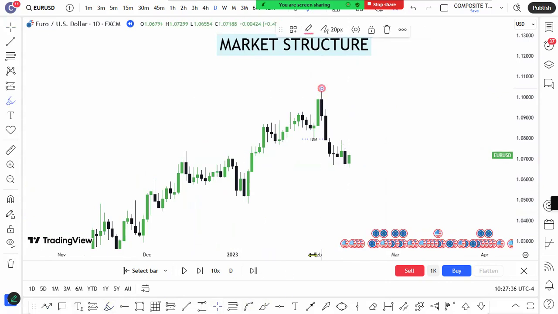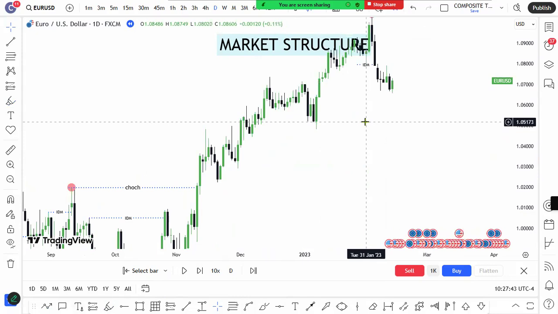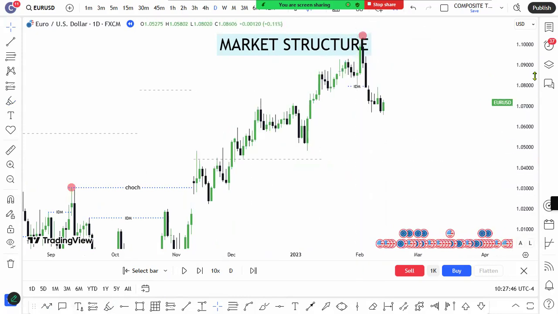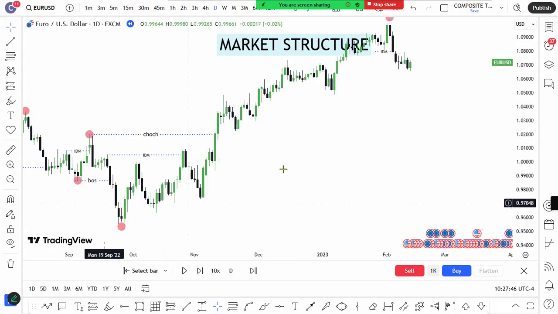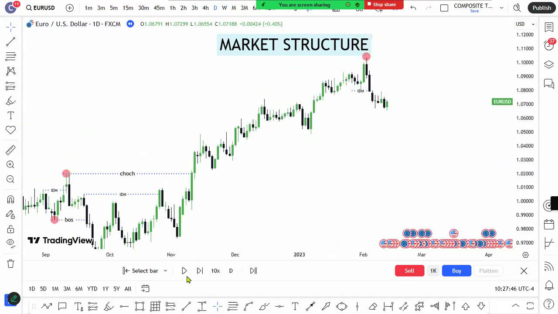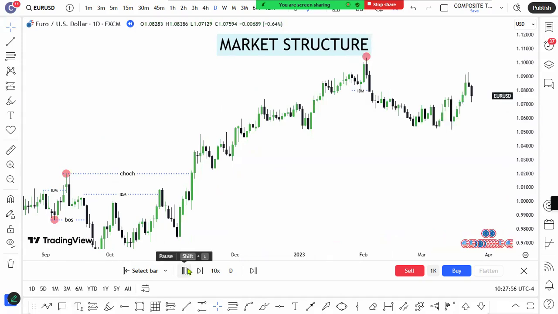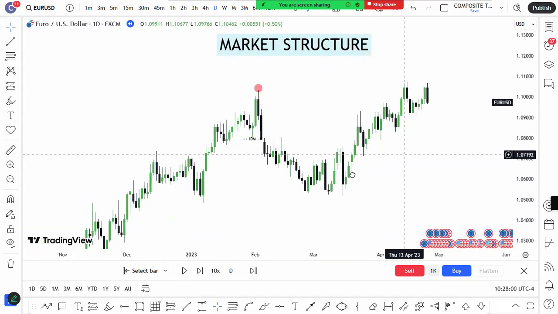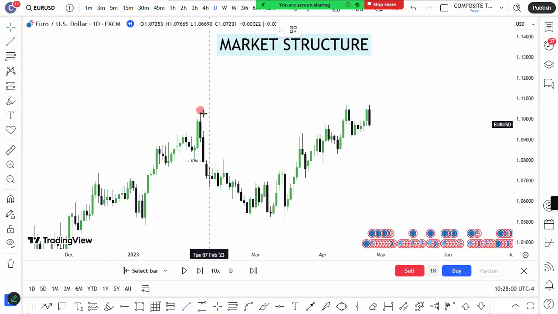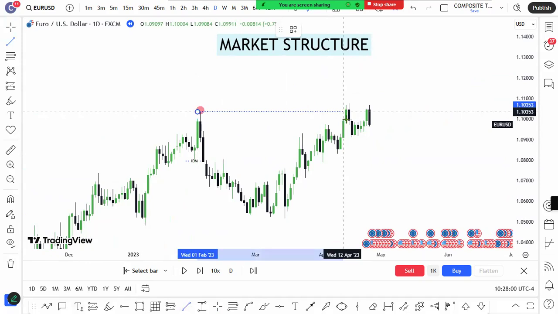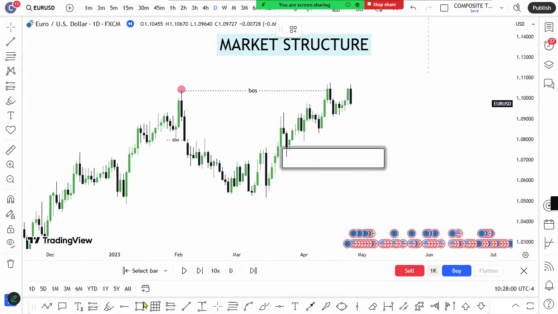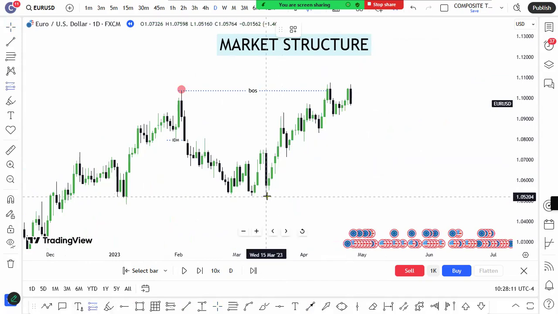Now if that inducement has been taken out, our high is confirmed, but this low remains the permanent low. So let's see. Okay, price goes higher and breaks this structure, which is a BOS, which confirms that this is our continuation to the upside, and this is our protected low here.